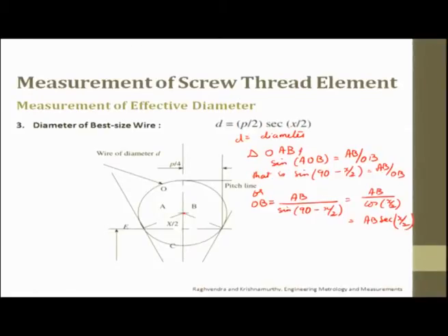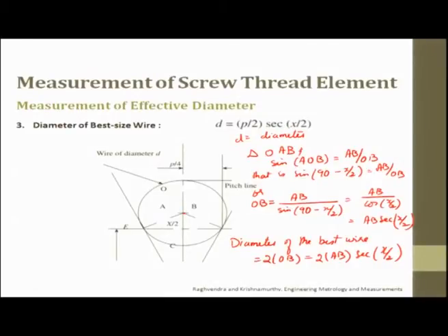Okay. So, the diameter of the best wire is equal to 2 times OB. So, that is nothing but 2 times AB secant x by 2. Okay.